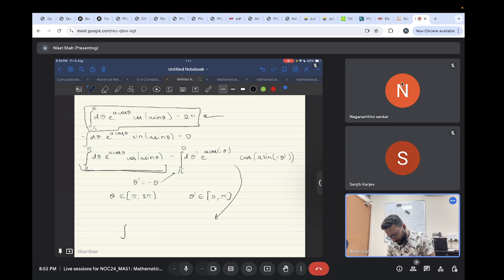Now this integral I'm writing down. When I shift the limits from pi to 0 to 0 to pi, there will be a negative sign outside, which will cancel this negative sign. So basically, there will be no negative sign. This becomes plus integral 0 to pi d theta prime e raised to power a cos theta prime, since cos of minus theta is just cos theta, and cos of a sine of minus theta.